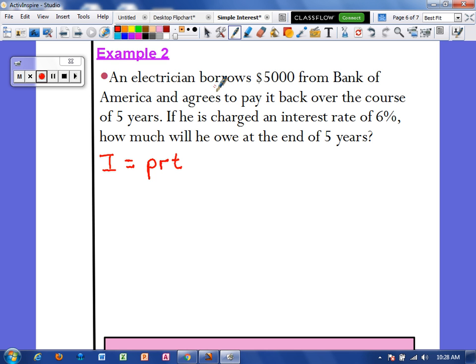It says that they borrow $5,000. So there's the principal. Now the rate of interest, that would be 6%, and as a decimal, that would be 0.06. The time in years is 5 years.